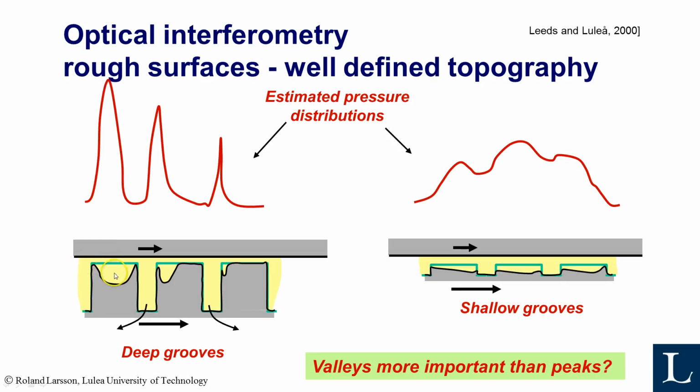If you have deep grooves and some sliding, the captured oil here, this is the same asperity but some milliseconds later, will move out and be drained into the deep grooves as this surface is moving faster, and finally it has been completely drained.